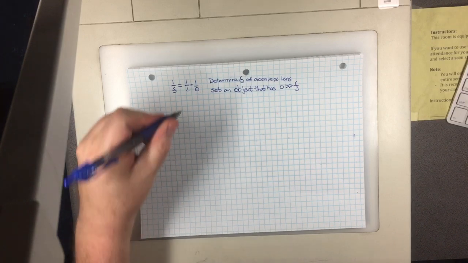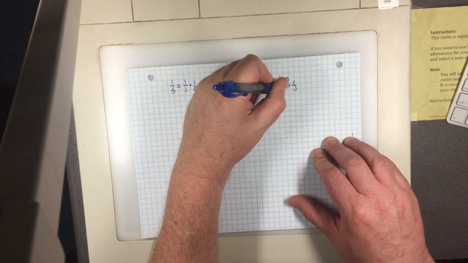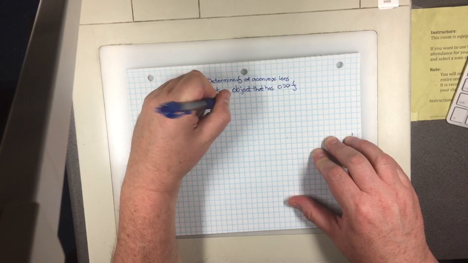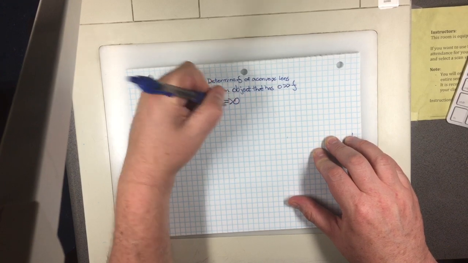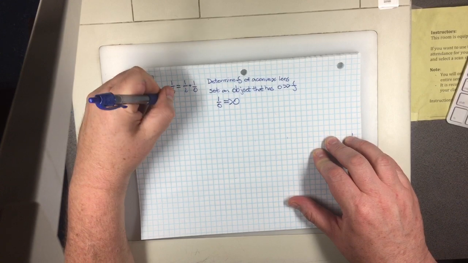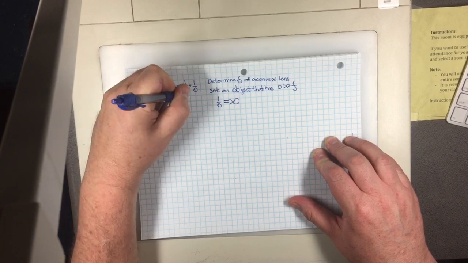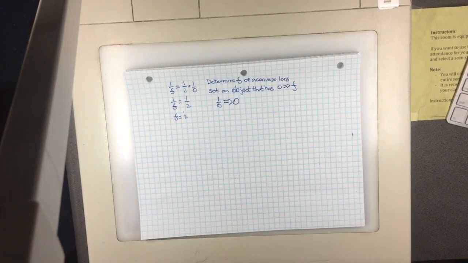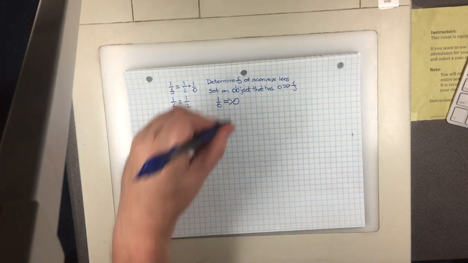And if the object distance is much greater than F, 1 over O becomes 0. So this becomes that. And you measure the distance from the lens to the wall, and that becomes the focal length of the lens. That's how you determine the focal length of your lens.